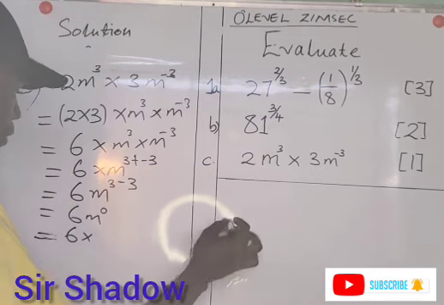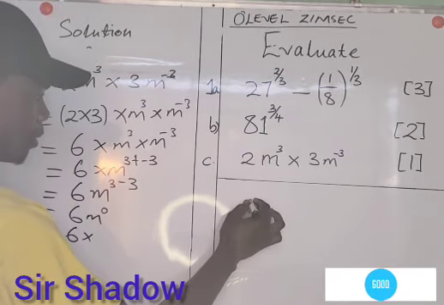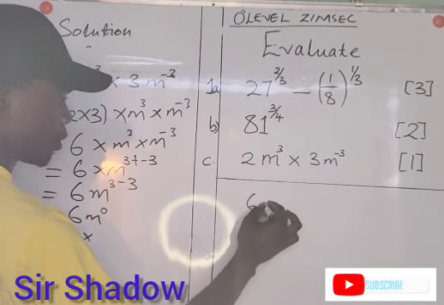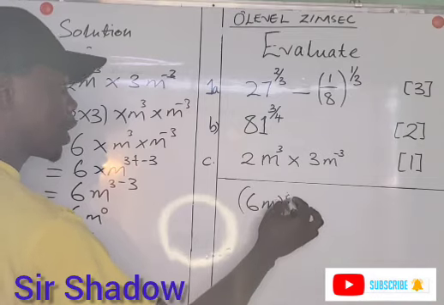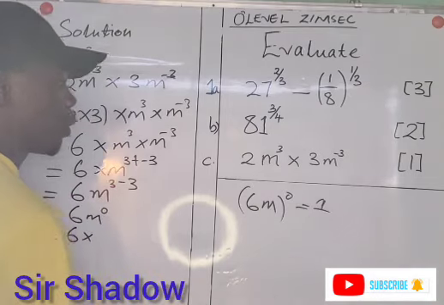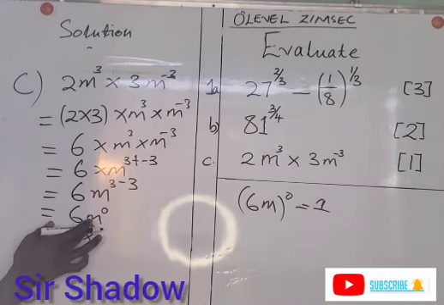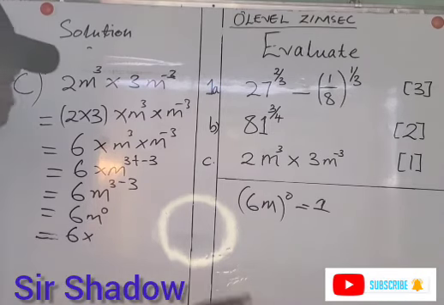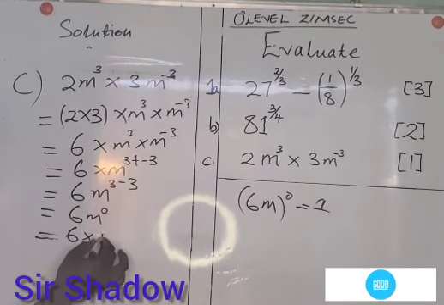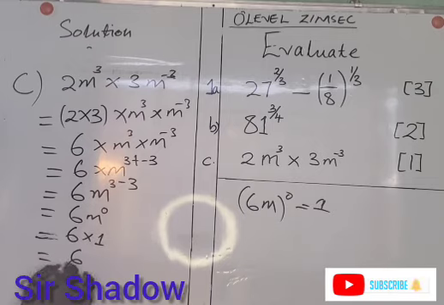Why am I saying that? Because if you say 6m all to the power 0, this becomes 1, as 0 is affecting everything inside. But now 0 is only affecting the letter m. So m to the power 0 becomes 1, and 6 times 1 becomes 6.